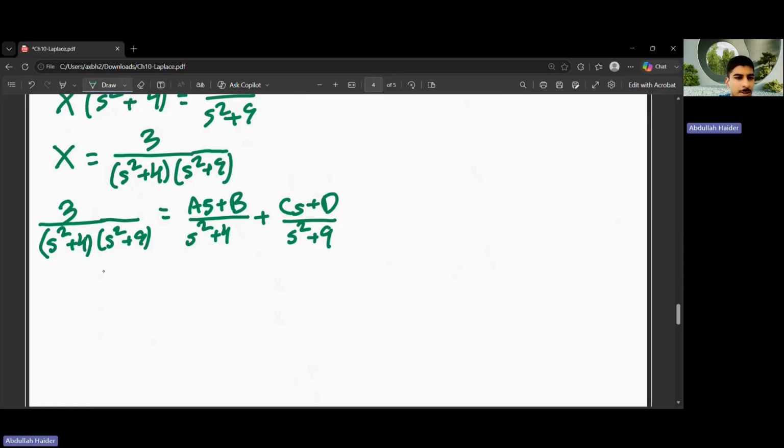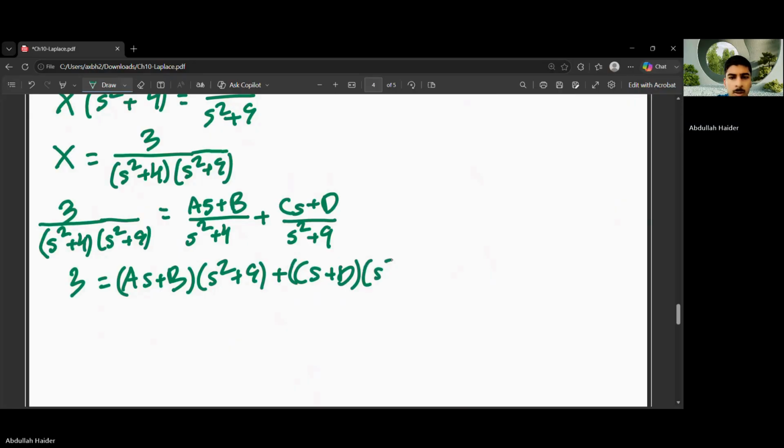So in this case, we get 3 equals as plus b multiplied by s squared plus 9, plus cs plus d multiplied by s squared plus 4.